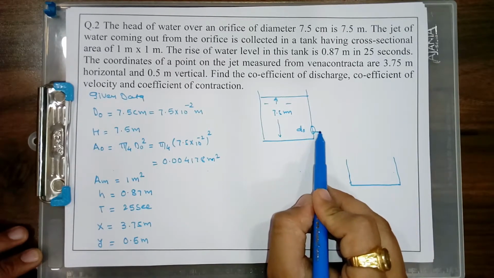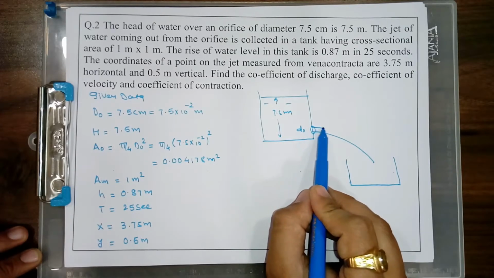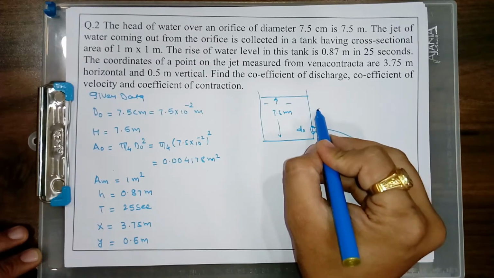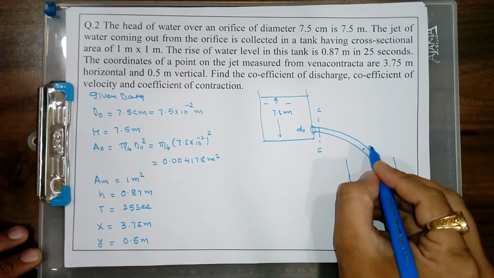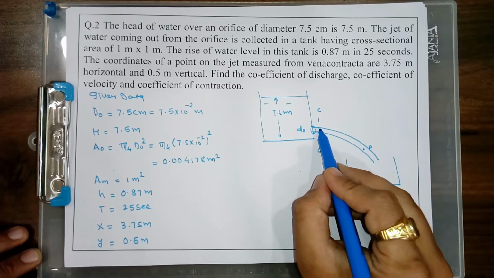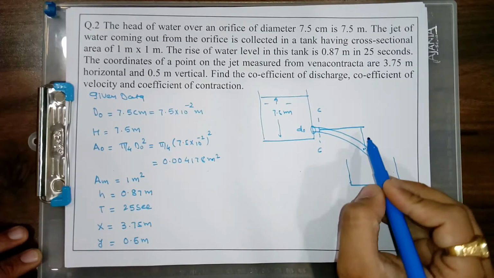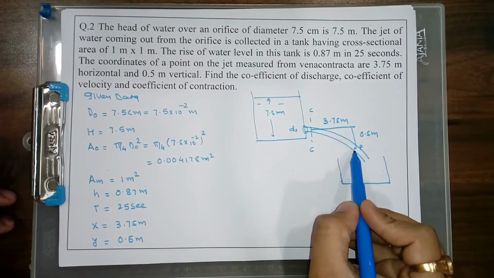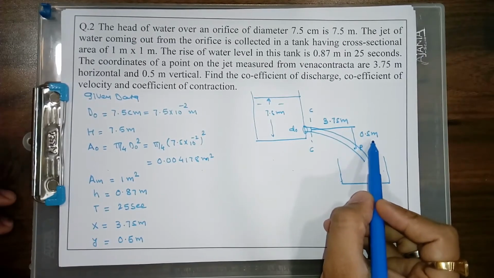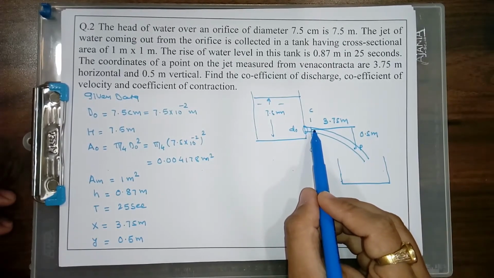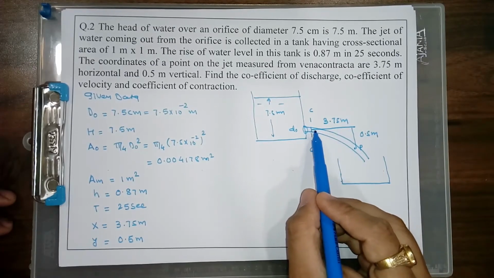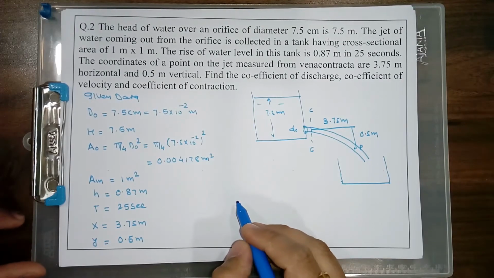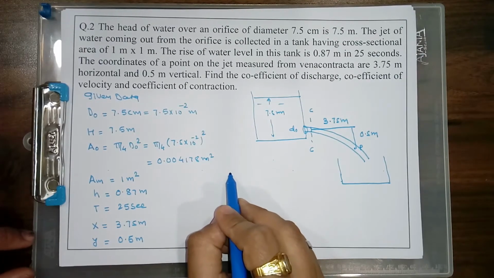So here the flow is going from the orifice to the measuring tank in this way. Let's say we take this CC, that is the vena contracta, and the point P on the jet is given. The dimensions of point P are 0.5 meter in the downward direction and 3.75 meter away in the horizontal direction from the vena contracta.